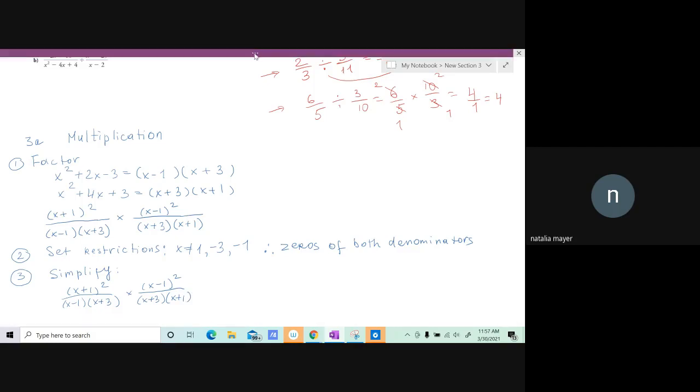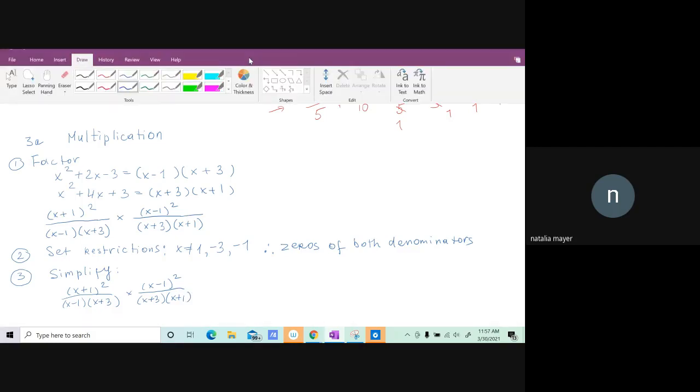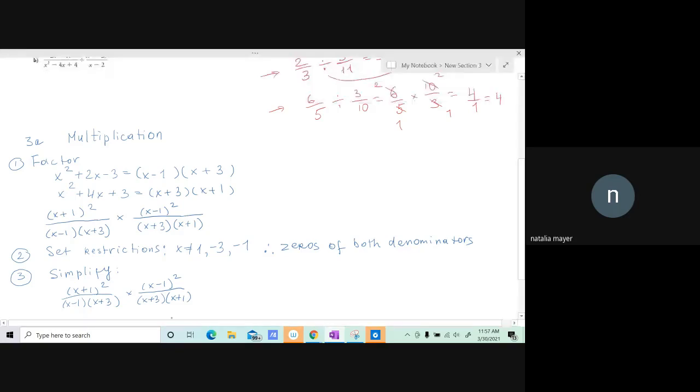Okay, so I'm waiting for your suggestions now for what can be simplified. We're checking across numerator with the denominator, numerator with the denominator, just like we did in the fractions here.